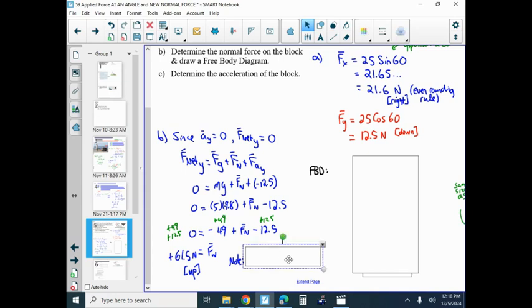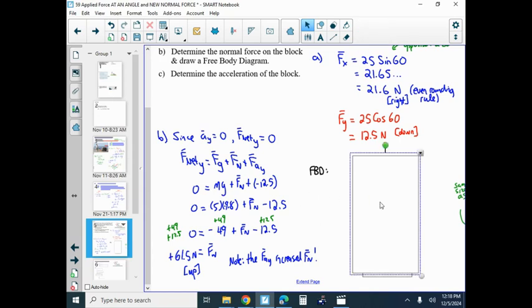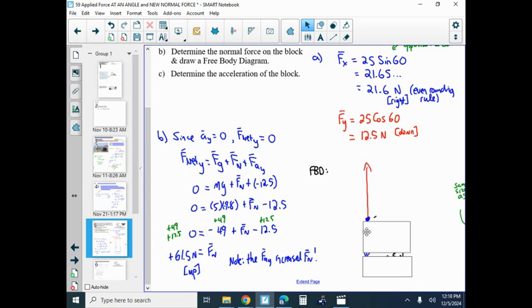Note in this case that the push down, of course, increased the normal force. I think it's probably pretty intuitive, but it's nice to see the numbers working out. Free body diagram of this thing. We have our gravity, which would be the easiest one to pinpoint, and then everything else relative to it. So we need a normal force bigger than that. And then we have the applied force down.